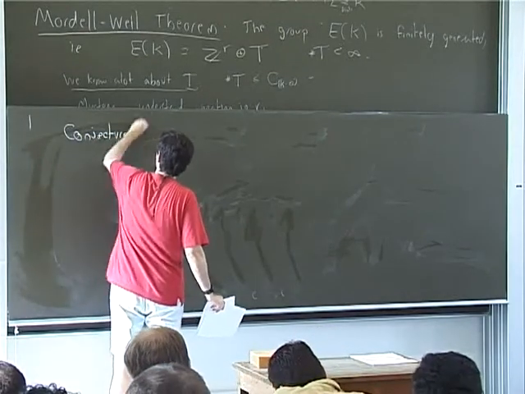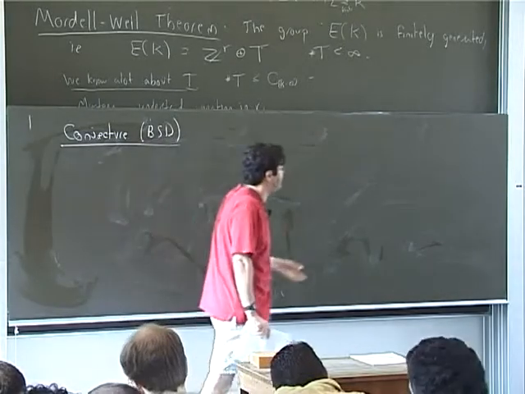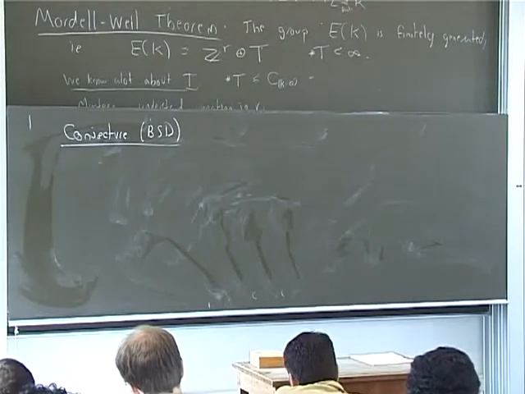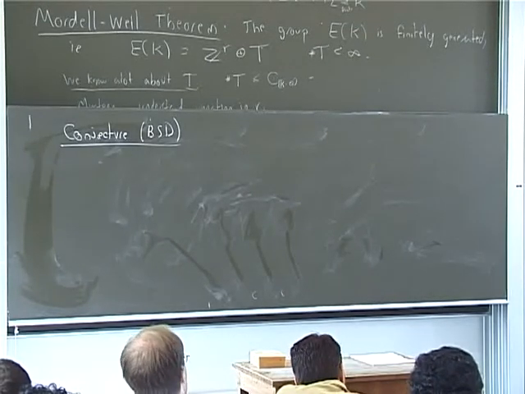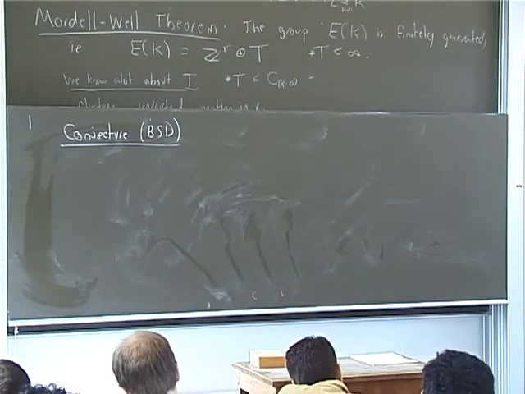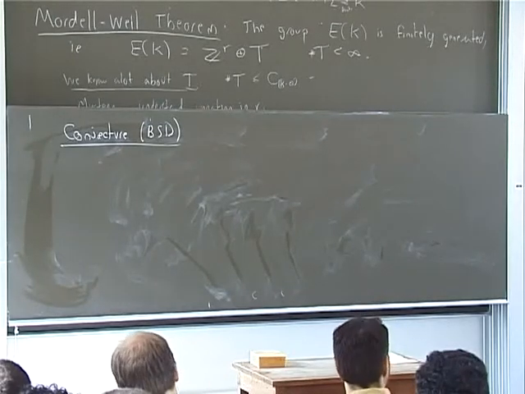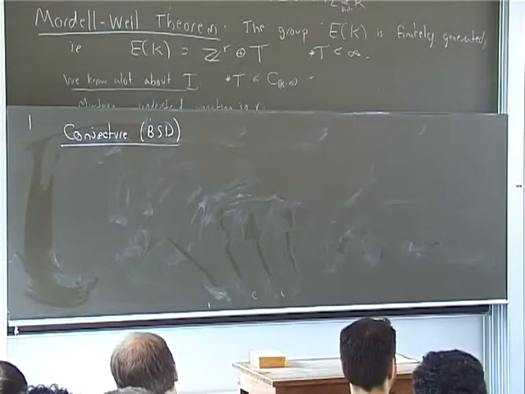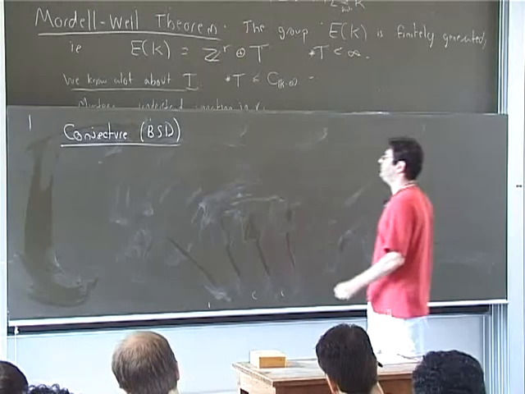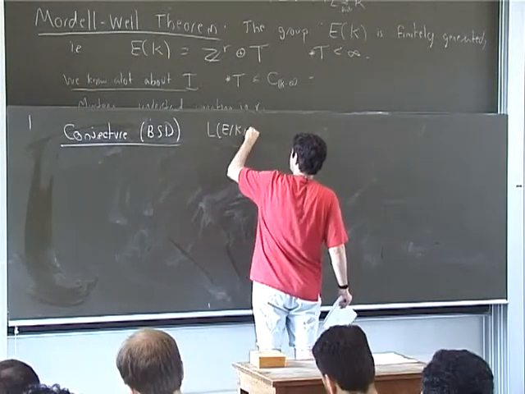Conjecture BSD. I should say that this L series, which I defined for Q, has a similar version where you define the Hasse-Weil L series of the elliptic curve over K, similarly defined. Instead of taking the Euler product over the rational primes, you take the Euler product over all the primes of K. So it's the same idea. And so the Birch and Swinnerton-Dyer conjecture is that this L series has an analytic continuation.